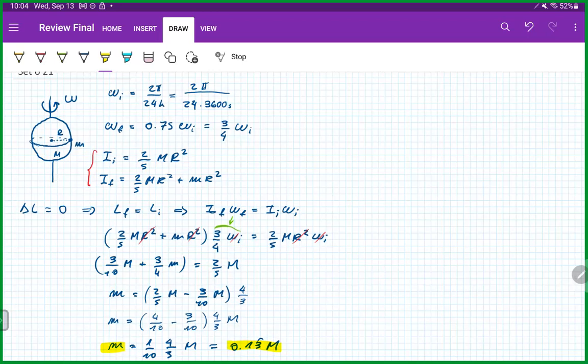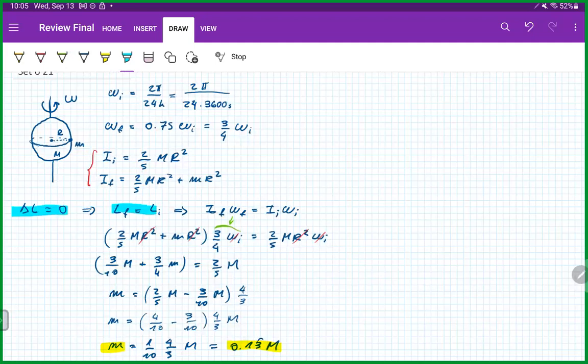So then we can say that this thing is basically isolated from external torques, so the angular momentum won't change. So we can apply that right here, and we can establish this equality here.